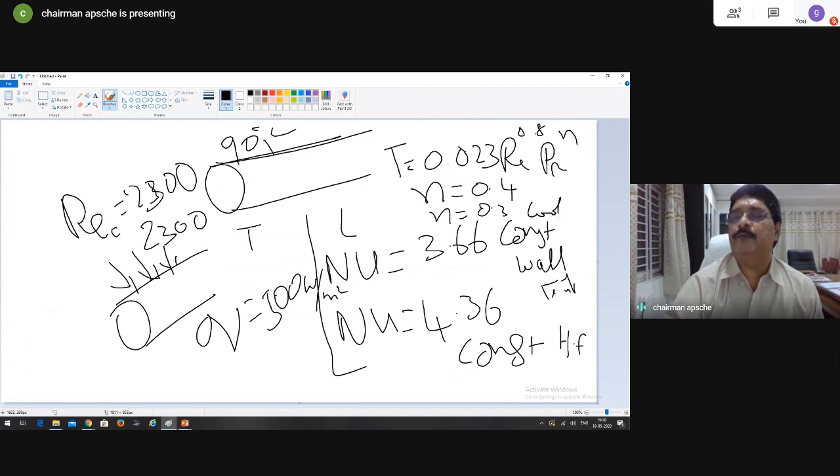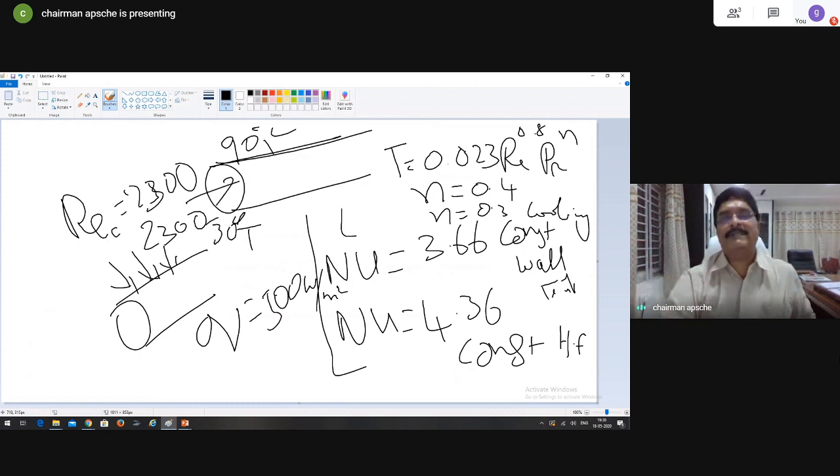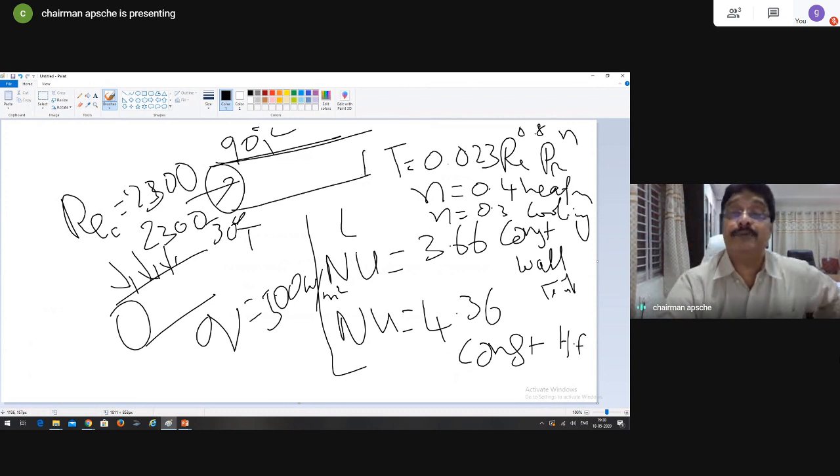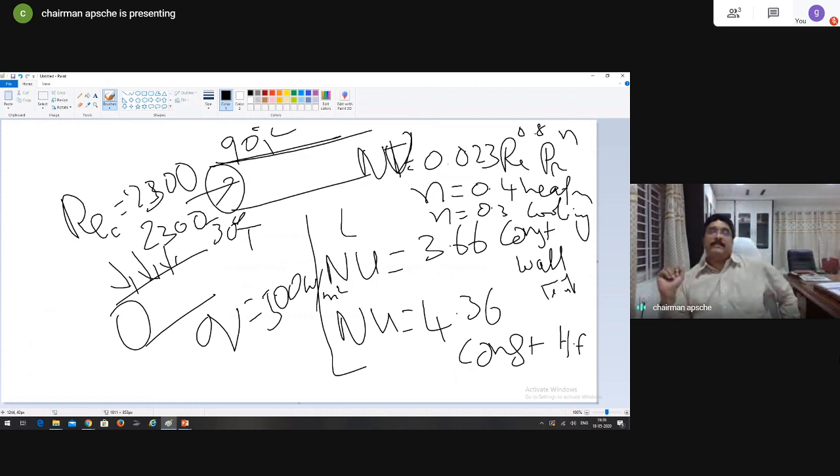If the fluid is getting heated, meaning the wall is at a higher temperature and fluid entry is at 30 degrees centigrade, the fluid is heating as it moves through, so you use n equal to 0.4. This is a very popular equation.